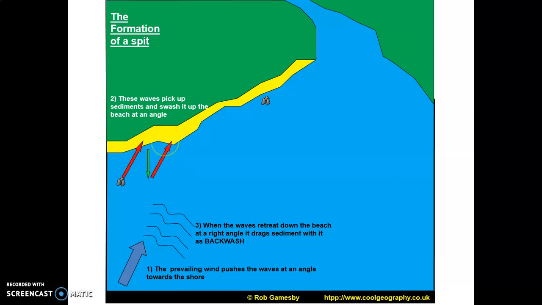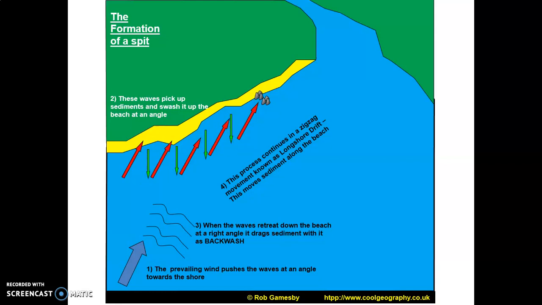And so you get what we call a zigzag longshore drift motion. Material is moved up the beach in a zigzag fashion, like is being shown currently. The waves push it on at an angle, and then backwash pulls the material back at a right angle, moving the sediment up the beach.